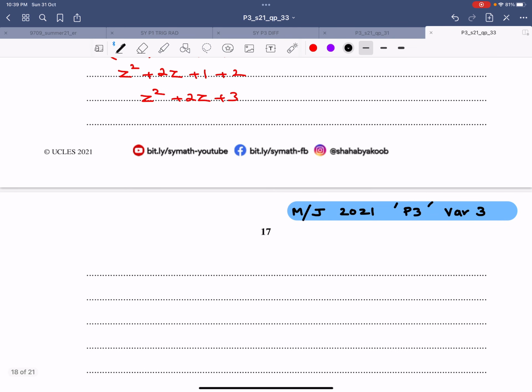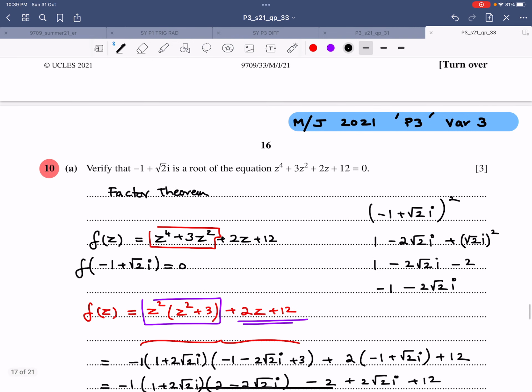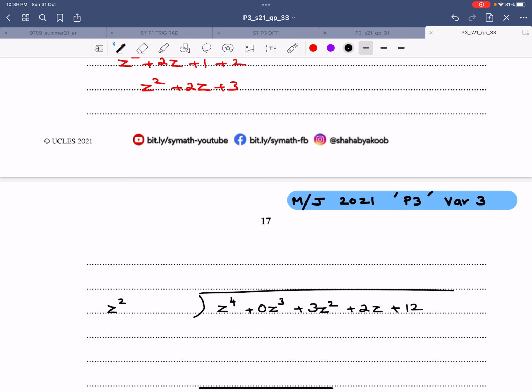So z4 plus 0z cube, and then the coefficients are 3, 2 and 12. This 5-term quartic equation is now being divided by z square plus 2z plus 3.